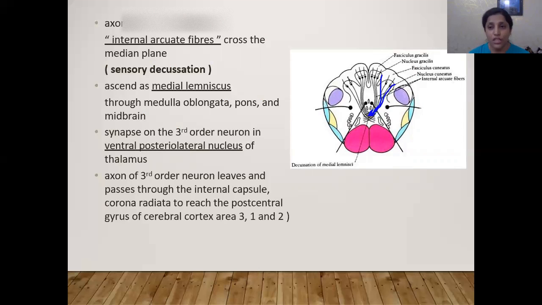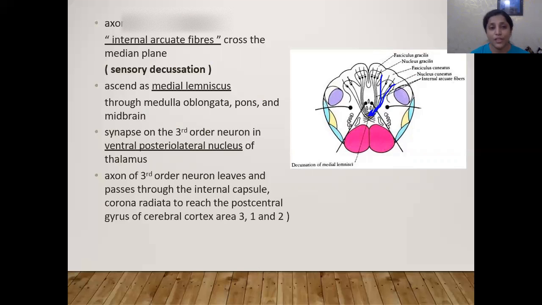Decussation is crossing over, and sensory decussation is crossing over of the sensory fibers. After crossing over, these internal arcuate fibers ascend and are now known as the medial lemniscus. Hence, this system is known as the dorsal column medial lemniscal system.